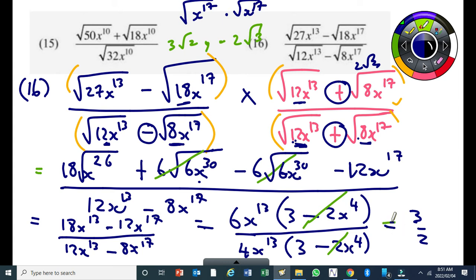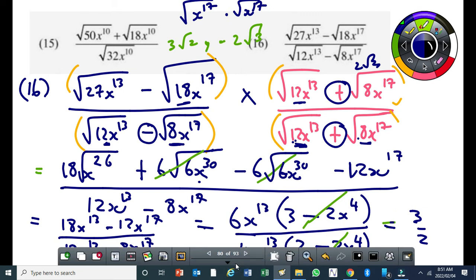Now let's see if we can do the same question using the second method. Okay, so let's try it out with the second method. Let me just duplicate this page.